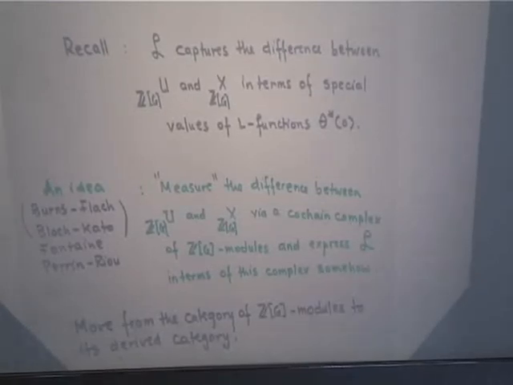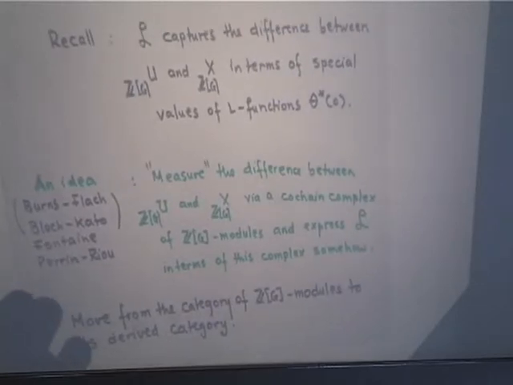How about trying to measure the difference via a complex of Z[G] modules, a cochain complex of Z[G] modules, and then try to understand the lattice in terms of this complex. So forget the two objects, X and U, just measure the difference between them via a complex of Z[G] modules, and then try to explain the lattice in terms of this complex.